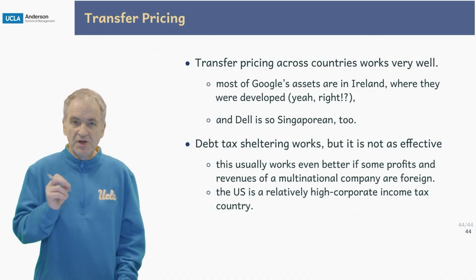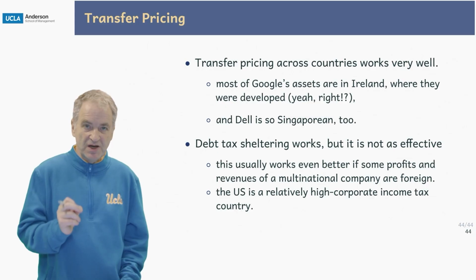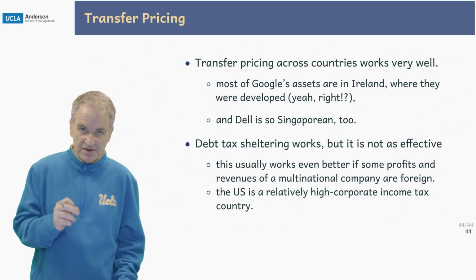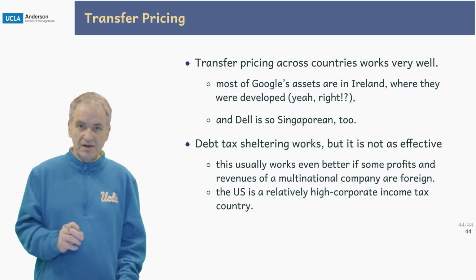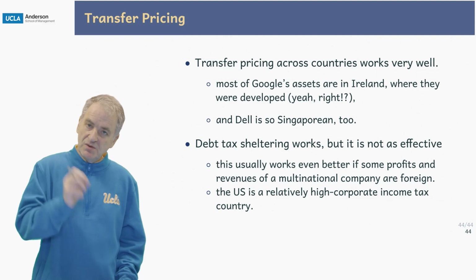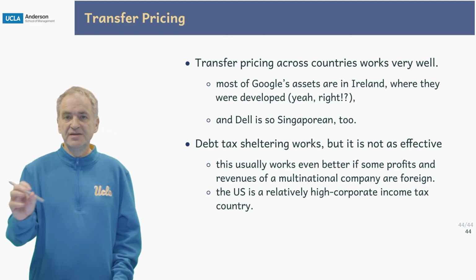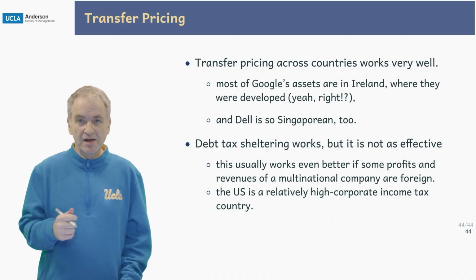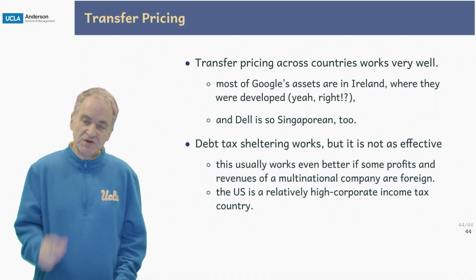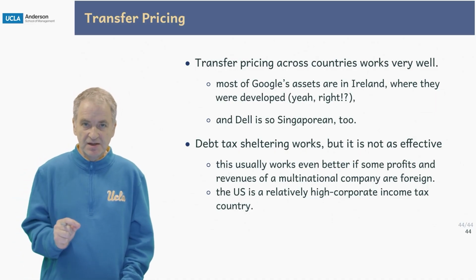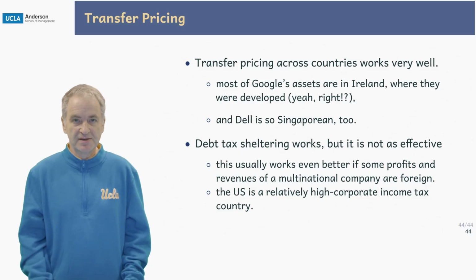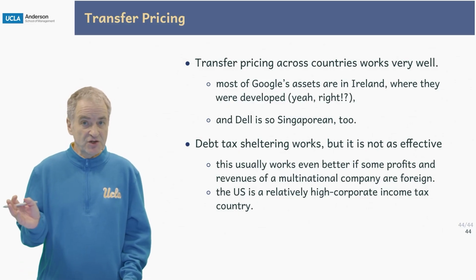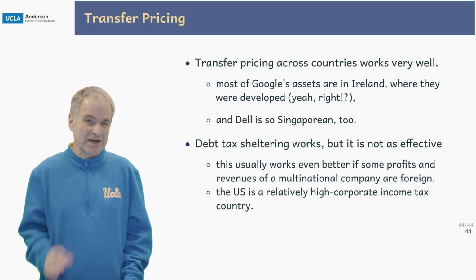That is because as soon as something was developed at the lowest cost possible, it was sold to Ireland, and now the US operation is leasing back the intellectual property from Ireland and pays a lot of money to it, so the profits show up in Ireland rather than in the United States. Debt tax sheltering works too, but it's not as effective.